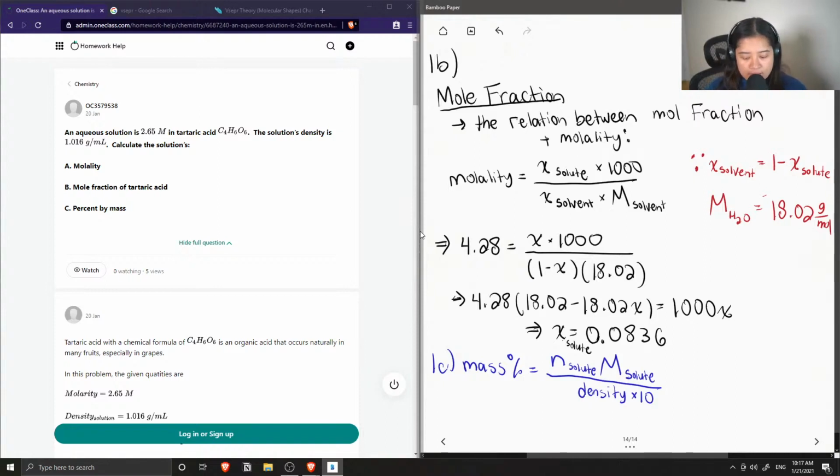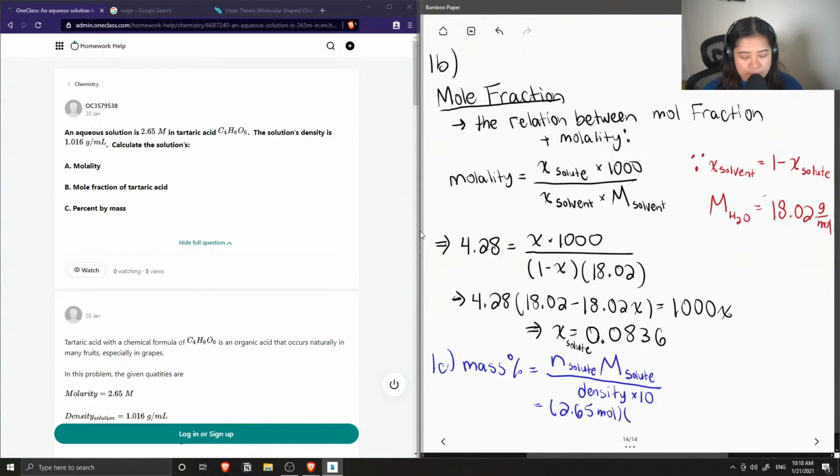And the reason it's times 10 is because it kind of simplifies it since density is in milliliters. If we were to convert to liters and then multiply by 100, it's the same thing as multiplying it by 10 in the denominator. So then we can just plug in the number of moles of our solute, which is 2.65 moles.